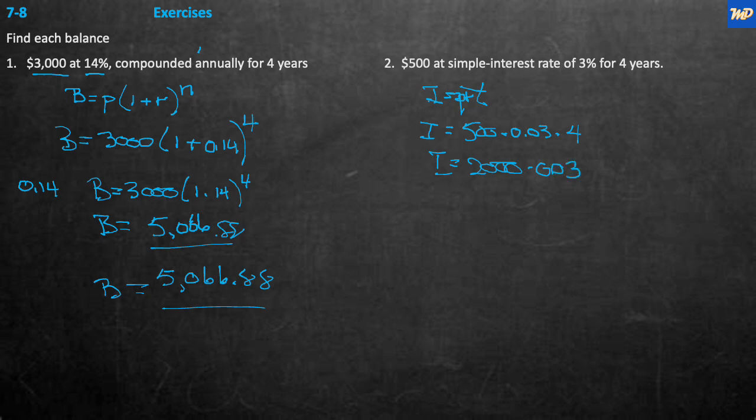If you look at it, 1% is 20, so 3% is equal to 60. So I is equal to $60. Okay?